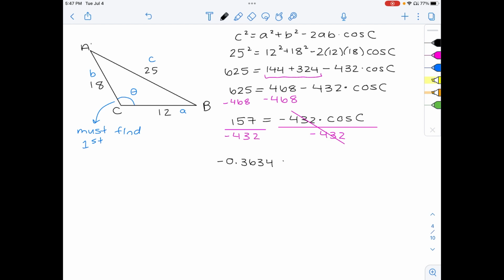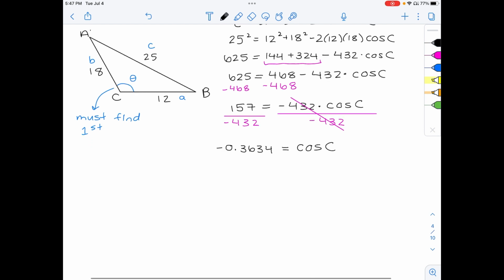So we have negative 0.3634 is equal to cosine of C. Because the decimal is a negative value, this tells us that when we solve for the actual angle, it's going to be obtuse. It will be bigger than 90 degrees. So then the last step here, I need to take the inverse cosine of both sides so that I can isolate for just C, my angle measure. So C is the inverse cosine of negative 0.3634.